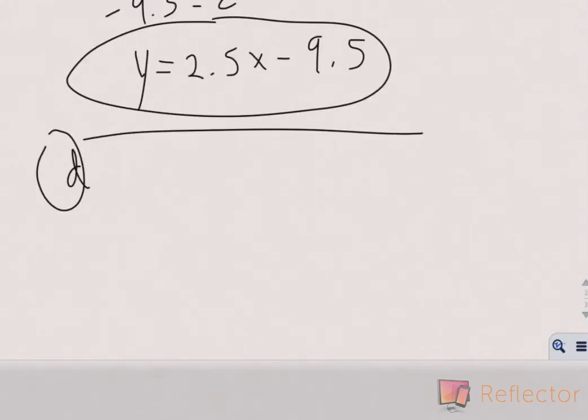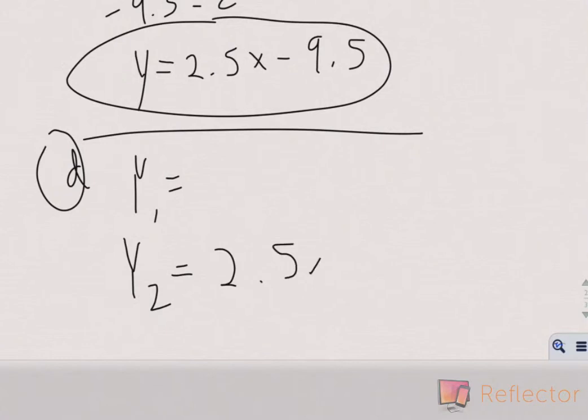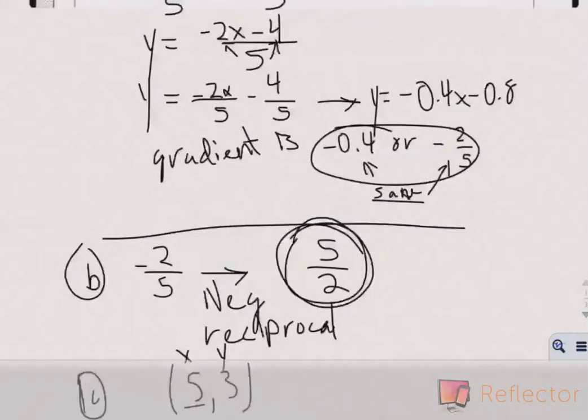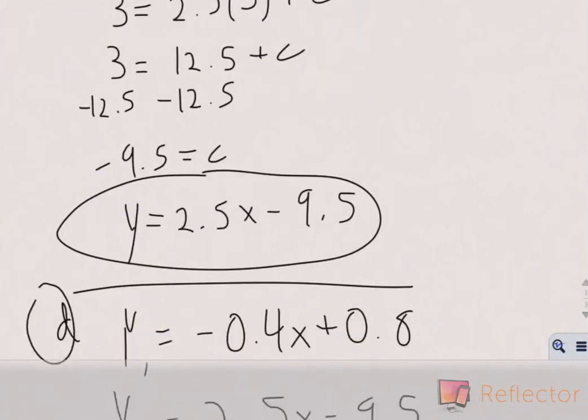Now, if you go in your graphic display calculator y1 and y2, you'll enter one of them, the one that we just found here, and then we have the negative 0.4x plus 0.8, or is that minus 0.8? It's minus 0.8.